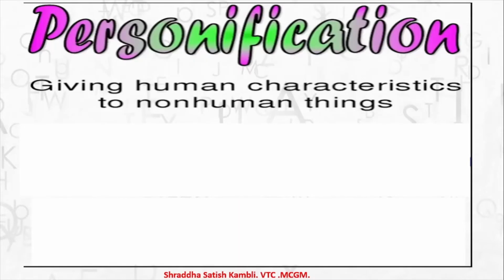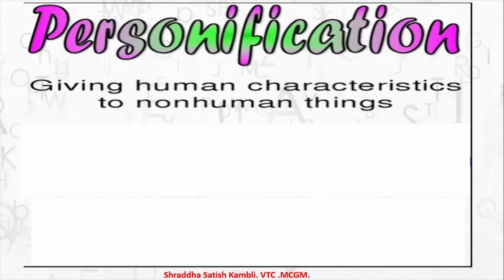Let us move on and look at the next figure of speech, that is personification. This comes from the word person. Person means people like you and me. Personification comes from personifying, which means giving human characteristics to non-human things.